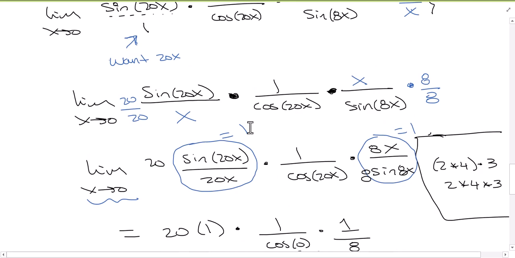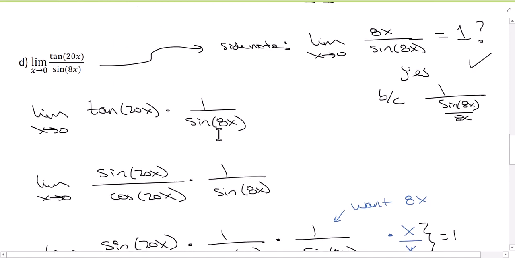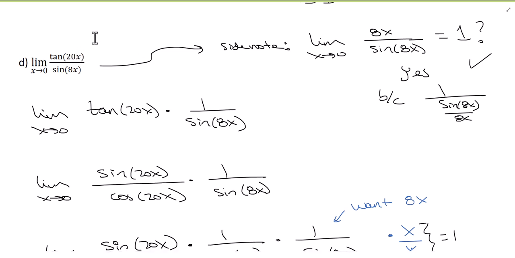Okay, so just to recap what we did in this one, we have tangent and we have sine. So the only thing that we know is that the limit of sine x over x is 1, or its reciprocal is 1. So we're trying to build the sine x over x or x over sine x so that we can say that that limit is 1 as x approaches 0.